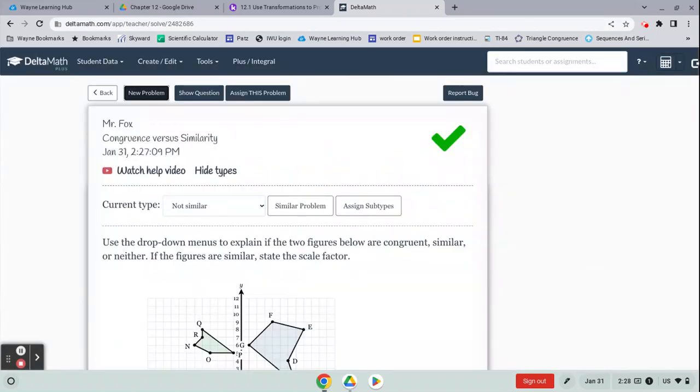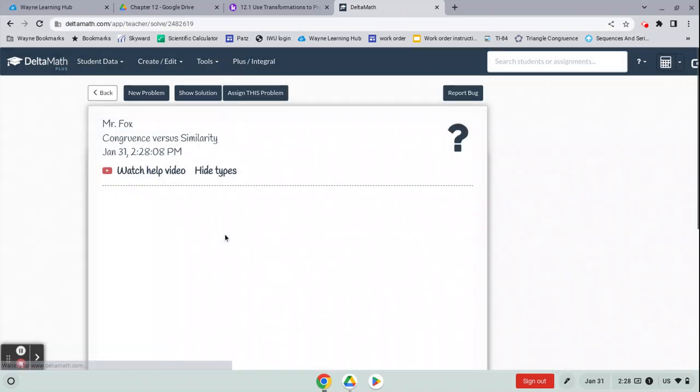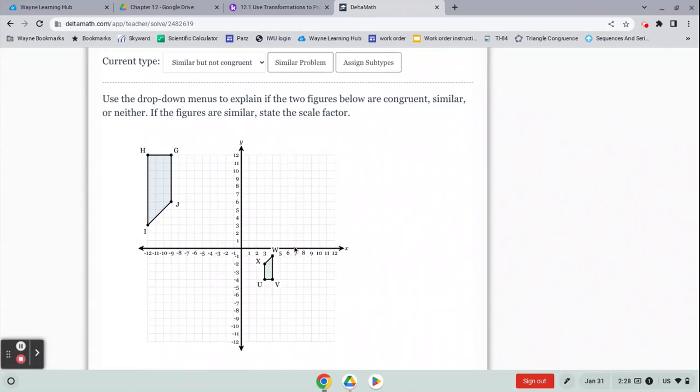I want to show an example. I'll choose similar but not congruent, just to show you what I mean. Here, these ones are similar. It's the same shape, just a much smaller scale. If you're not sure about this, do you see how from J to G, it's 1, 2, 3, 4, 5, 6. That matches up with X to U, which is only 2. So it's 1/3 the size.